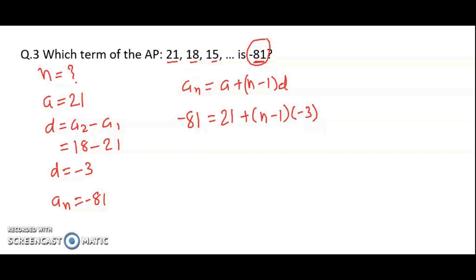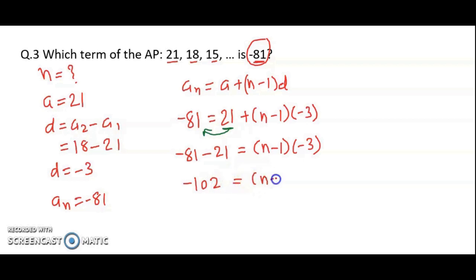So here this 21 will go into the left hand side, so this becomes minus 81 minus 21 is equal to n minus 1 multiply with minus 3. So minus 81 minus 21 becomes minus 102 is equal to n minus 1 multiply with minus 3.